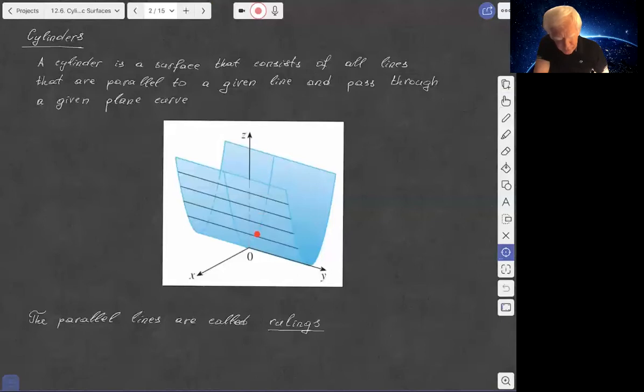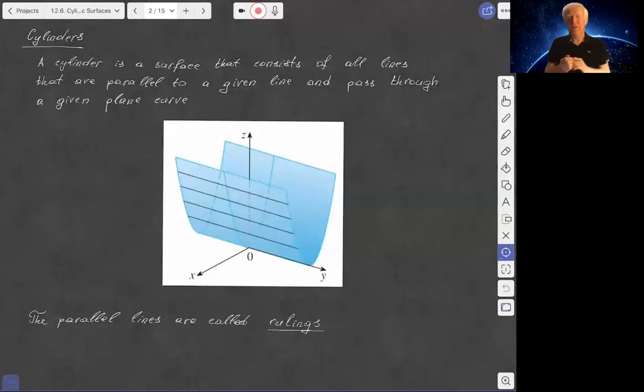We have a curve and we have all the parallel lines that are drawn through every point on that curve. Points on the parallel lines put together form a surface, and that surface is called a cylinder. The lines that we're considering here are called the rulings.